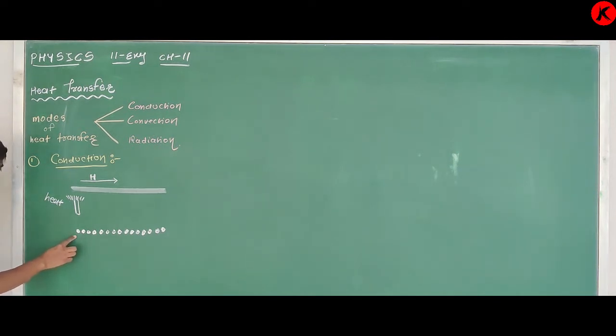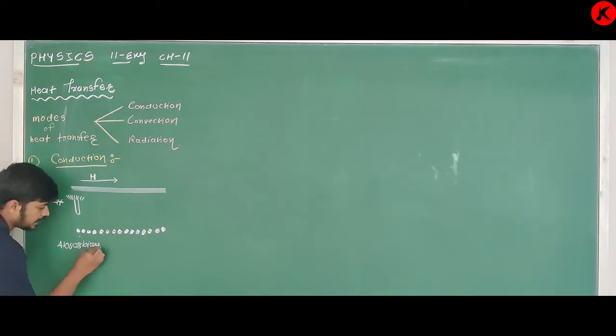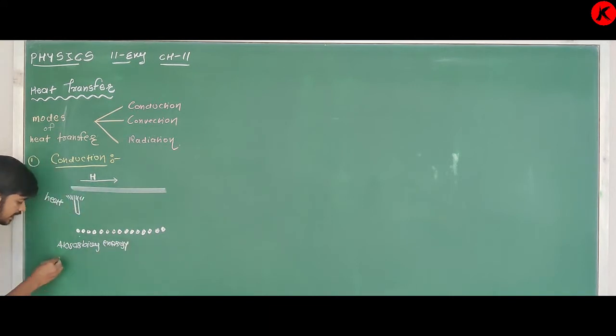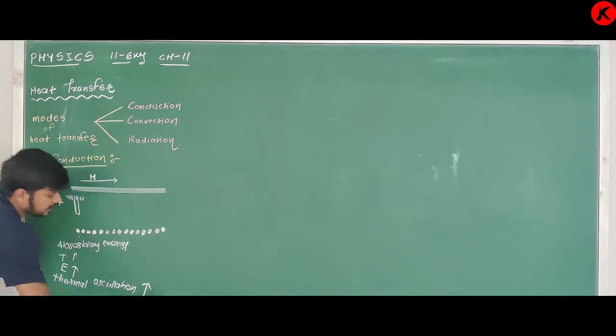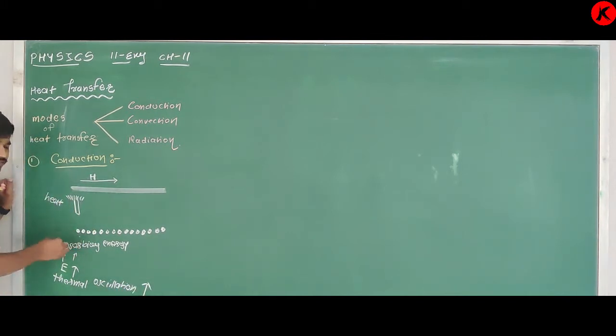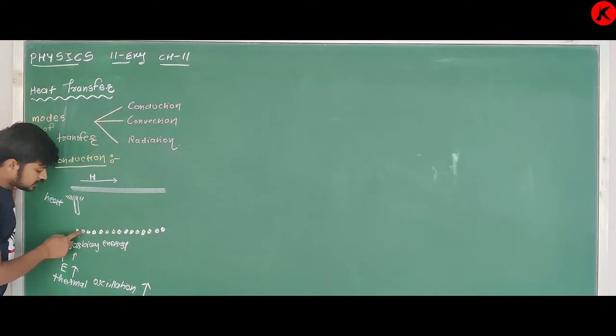If you are giving heat to this end, these particles, by absorbing heat energy, their temperature increases, their energy increases, and due to that their thermal oscillations increase, and this particle will transmit its energy to the nearby particle.